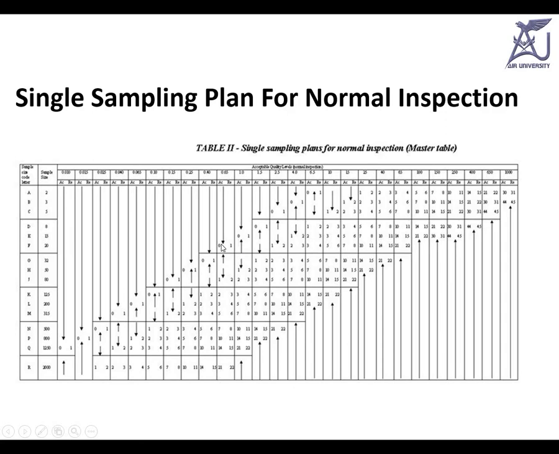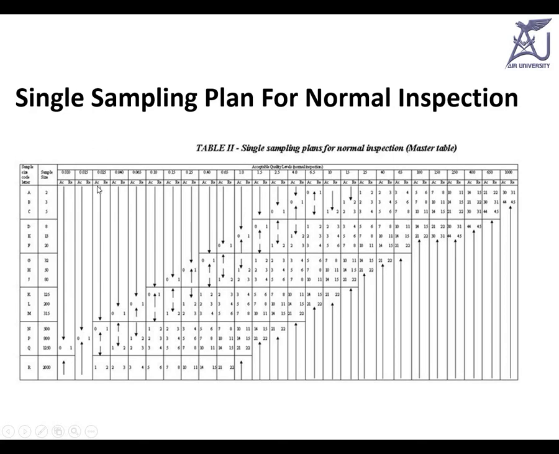C is 0, right, but in front of the L you can see different numbers over here, and these numbers are coming from the AQL. These are the AQL, and these are the acceptance numbers. AC is basically C, and RE is basically the rejectable number.